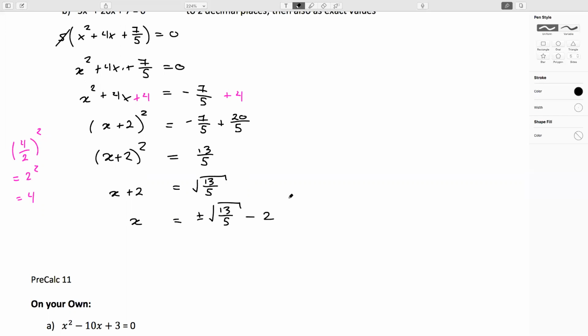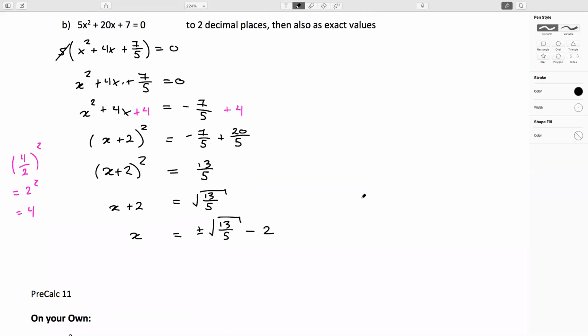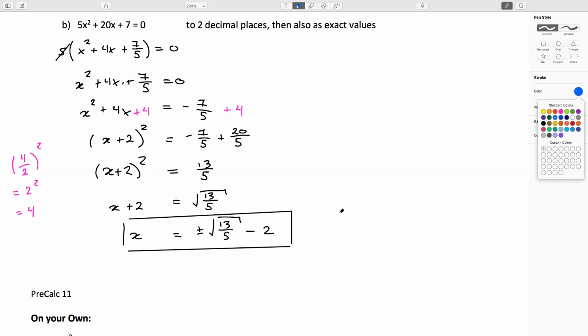And now technically the question wants the answer in decimals. This would be fine as the answer for many questions, but it specifically says to 2 decimal places and also has exact values. This is our exact value right here. If we want to turn these into decimals, well, we can just punch it into a calculator. So x would equal negative 2.45.